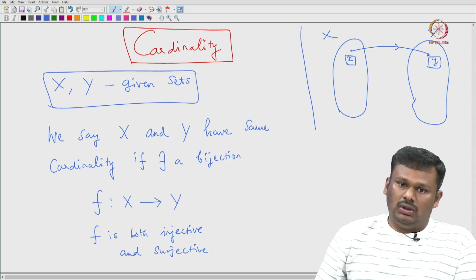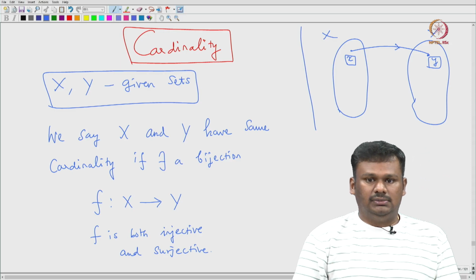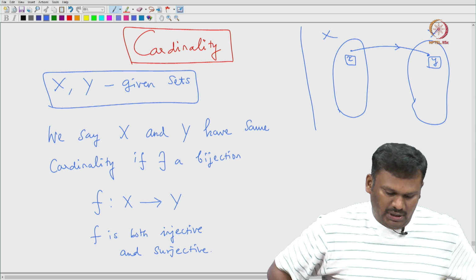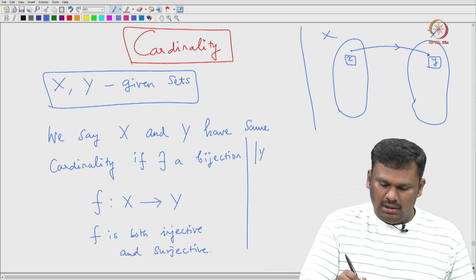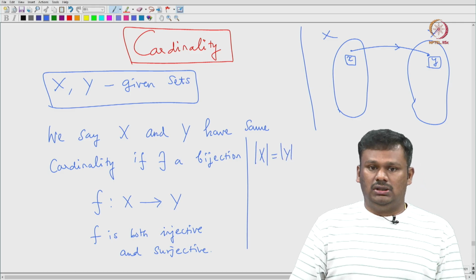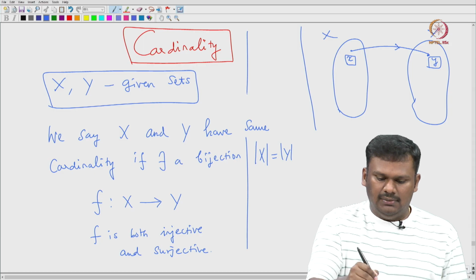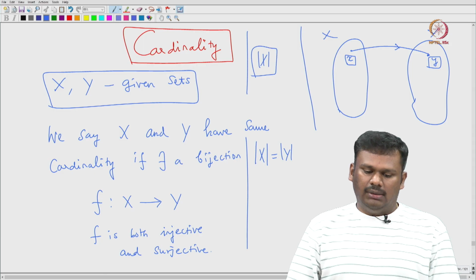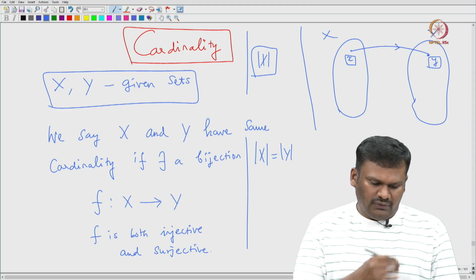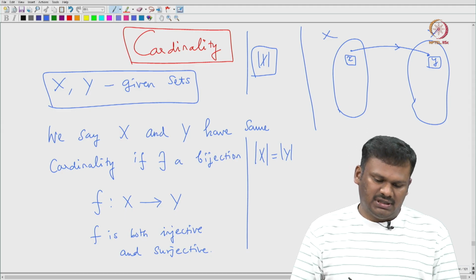Sometimes we coin the term equinumerous, and we write in this case mod x equal to mod y, or the cardinality of x equal to the cardinality of y. This symbol just says that we are talking about the cardinality, but of course, we are dealing with abstract sets.